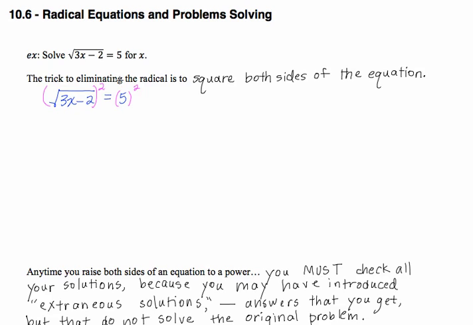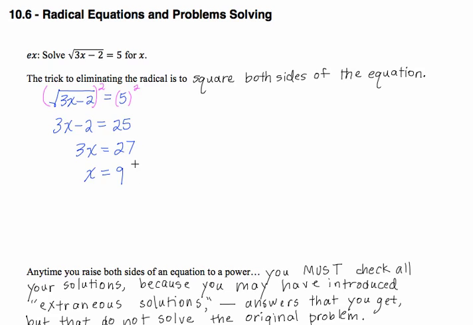Then the square root and the square cancel. So on the left we just have 3x minus 2, and on the right we have 25. From here it's fairly simple to solve. You just add 2 to both sides and divide by 3 to get 9.